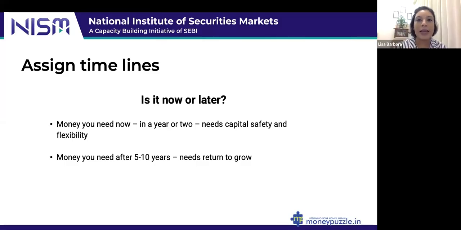Inflation is the price rise in any economy, and that eats into the value of money. So, the value of your money today will be lower a year later, 2 years later, 3 years later, and 10 years later. At an inflation of 6% a year, the value of your money will be just slightly more than half of what you have today.